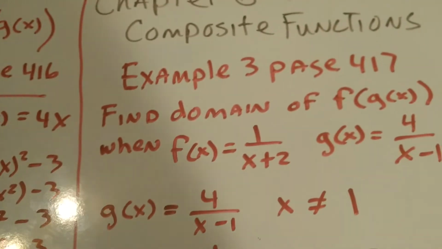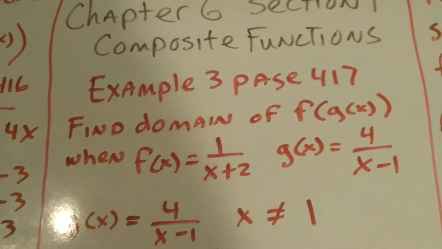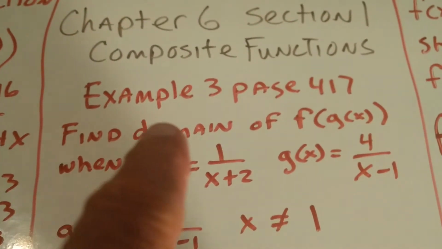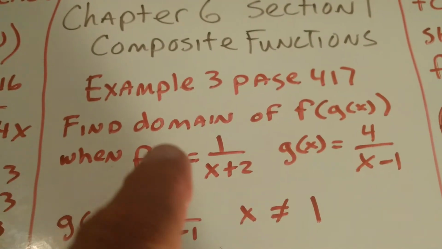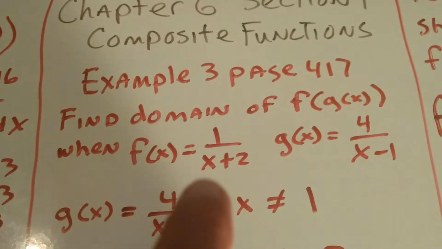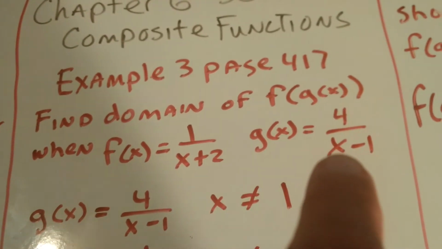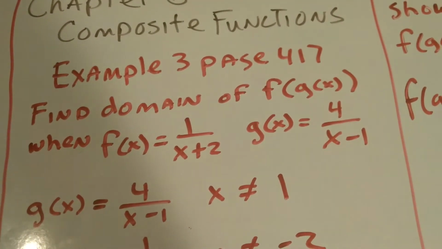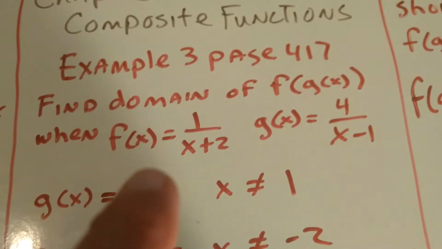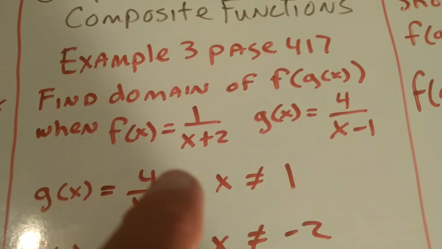Another thing you've got to be able to do is get the domain of a composite function. So in example 3, page 417, it says find the domain of f of g when f of x is 1 over x plus 2, g of x is 4 over x minus 1. We're going to take g and stick it in this x for f.